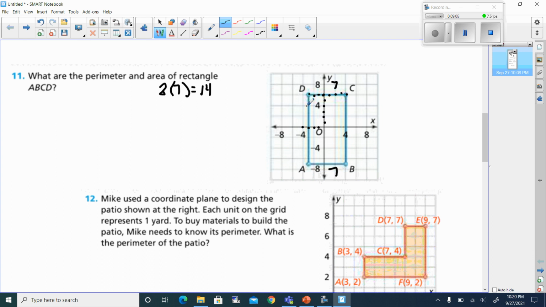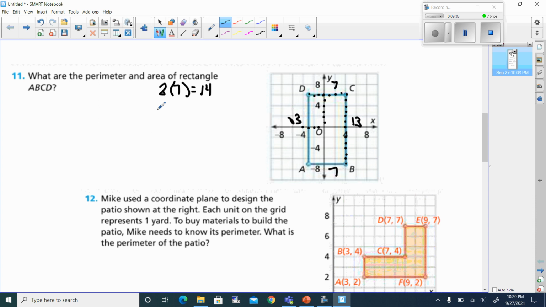All right, next we're going to measure up and down here. We got 1, 2, 3, 4, 5, 6, 7, 8, 9, 10, 11, 12, 13. So now we know that this is 13 across. And if that's 13, then we know this is 13.